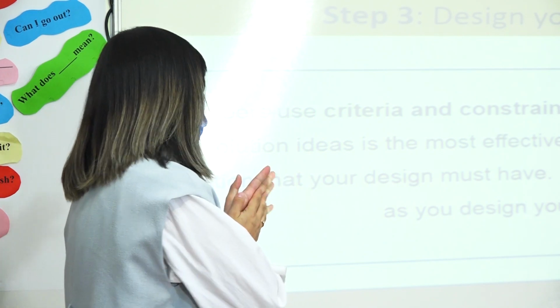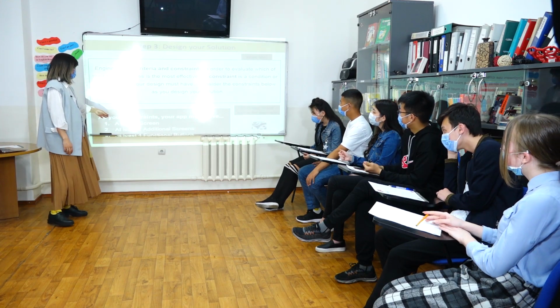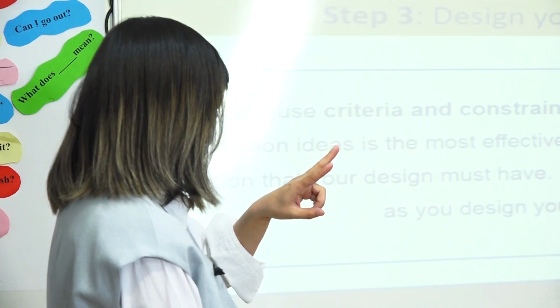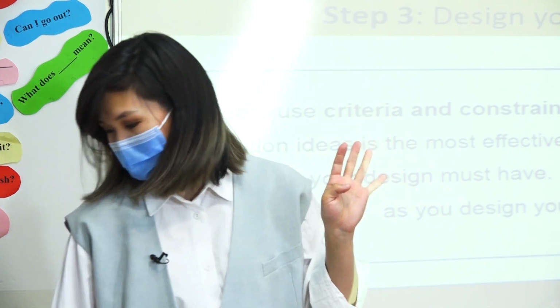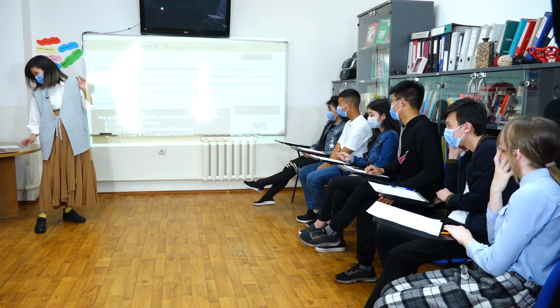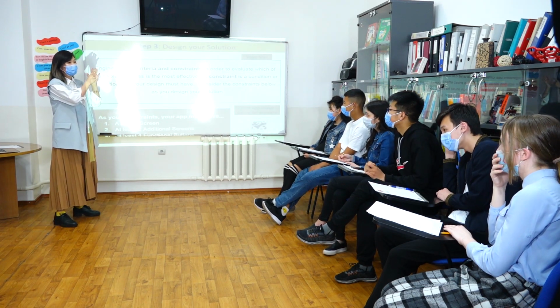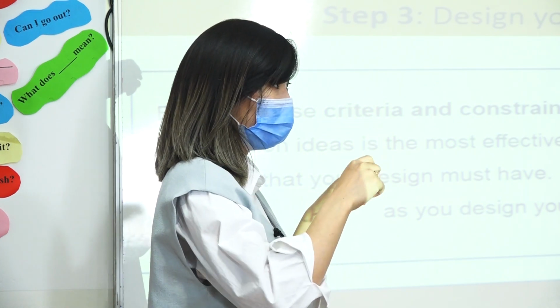Yeah, so your criteria is you need to design an app that needs to have a home screen, at least 2 additional screens, and at least 4 functional buttons, okay? Functional buttons are like home screen, go back, go further, these buttons that you have on the screen of the app.